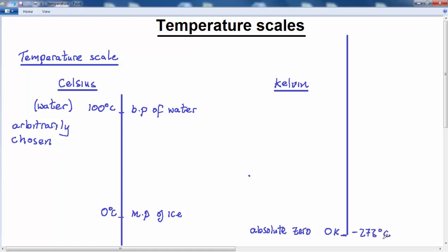So that's a very cold temperature indeed. At that temperature, all particles stop moving altogether. They have 0 average kinetic energy.